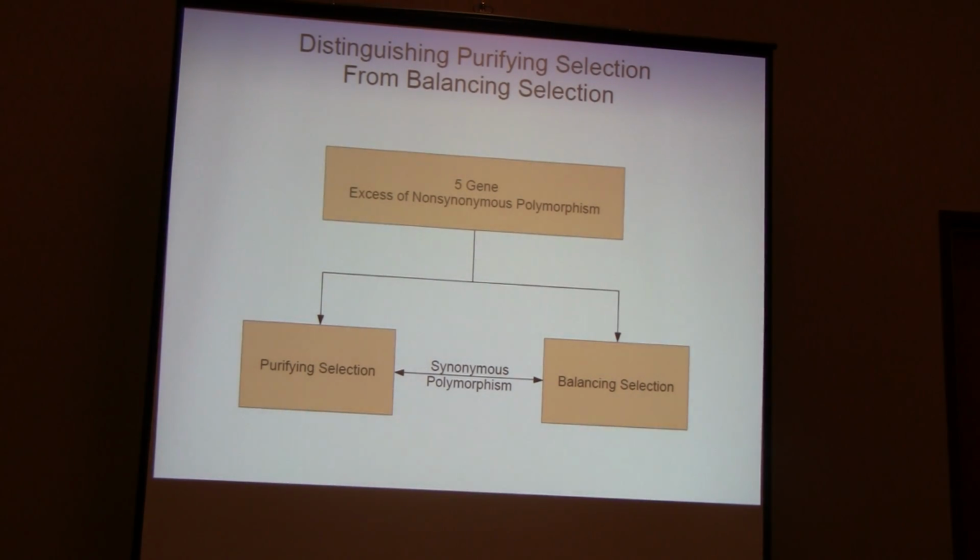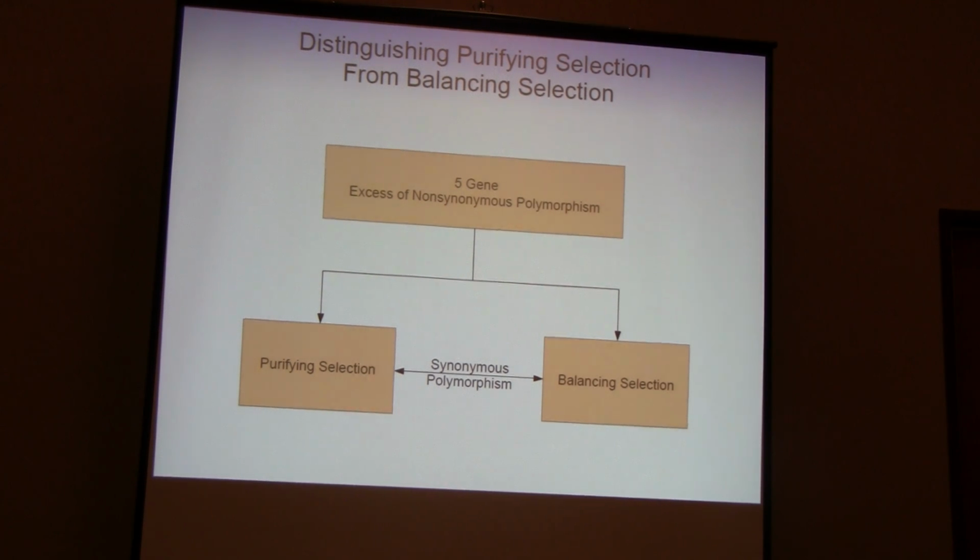And so for these 5 genes, there's 2 models to explain this excess of non-synonymous SNPs. They could be due to deleterious SNPs segregating in the population. That's a fairly straightforward and simple explanation. Alternatively, they could be due to balancing selection in the form of, say, local adaptation between different ecological niches.